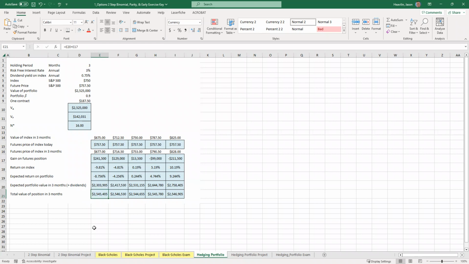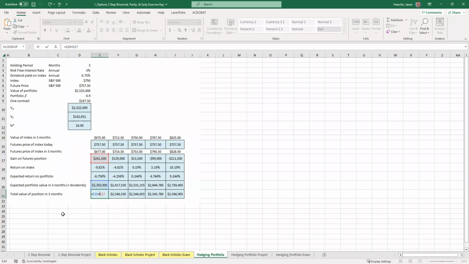However, here's your position with the hedge. We take the money you made from the shorting of the futures plus the value of your portfolio after everything was said and done, and that's the total value of your position. So the 241,500 you made here is going to offset the loss from 2.5 million to 2.3 million.